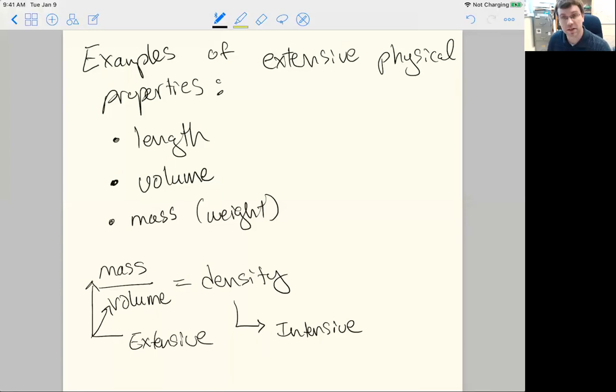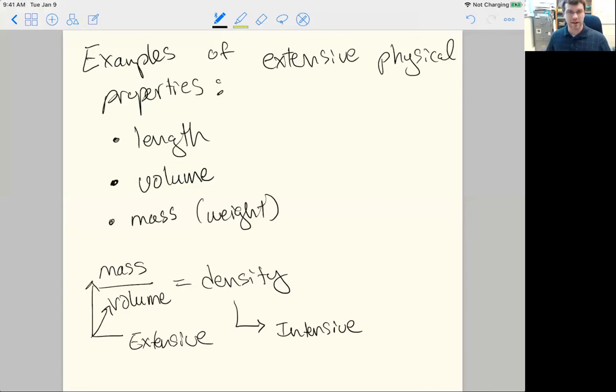This is an interesting feature when you're thinking about defining properties as extensive and intensive. Oftentimes, intensive properties are some sort of ratio. That is, we take some typically extensive physical property and divide it by something to set the size of the amount of that extensive physical property in the numerator.